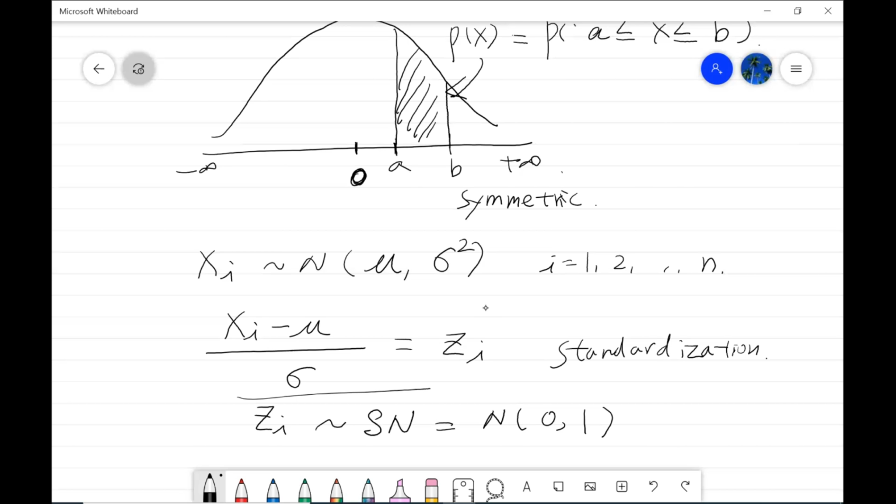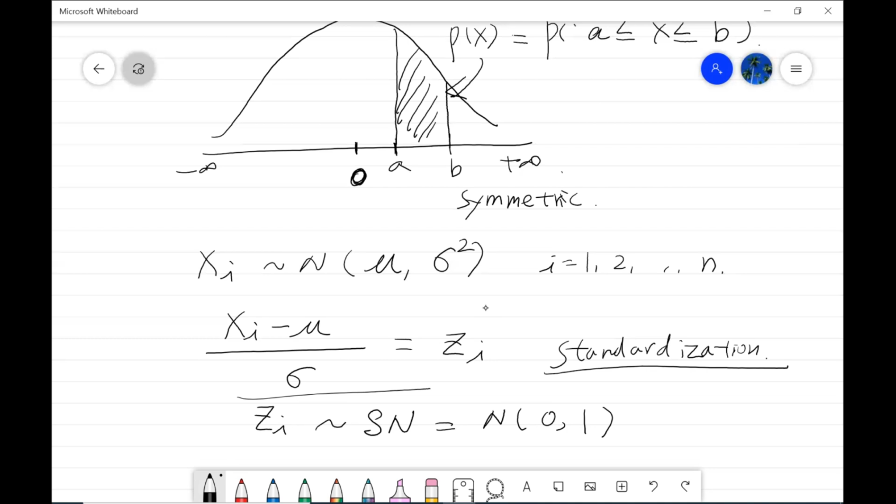So normally, when we try to get a specific probability under the normal distribution, we switch the variable from the normal distribution into the standard normal distribution by this standardization process, and then by using the standard normal distribution, we can get the probability of the normal distribution.